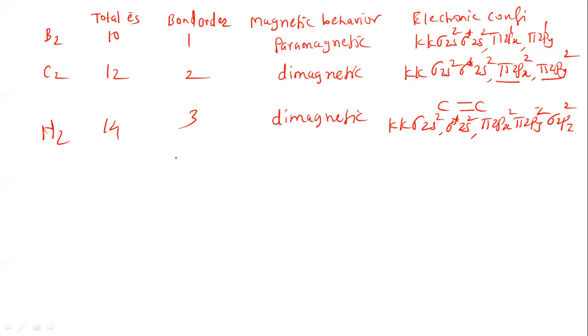So in the nitrogen molecule there is a triple bond, where one is a sigma bond and two are pi bonds. So in this way we explain the molecular orbitals in boron, carbon and nitrogen molecules.